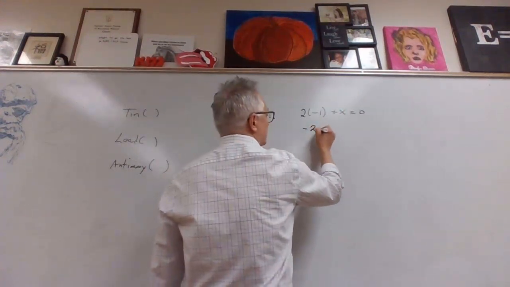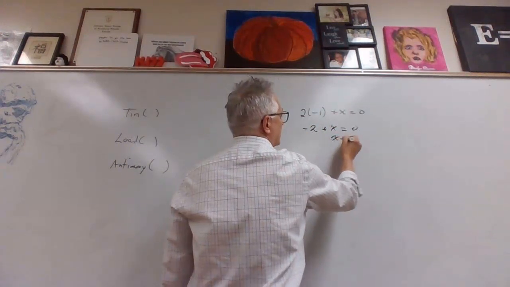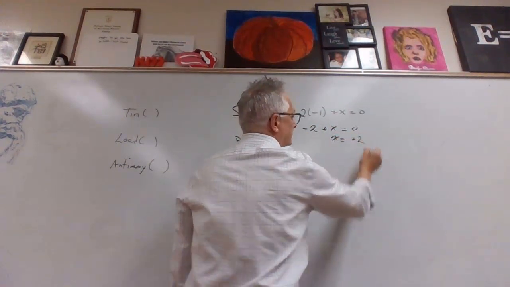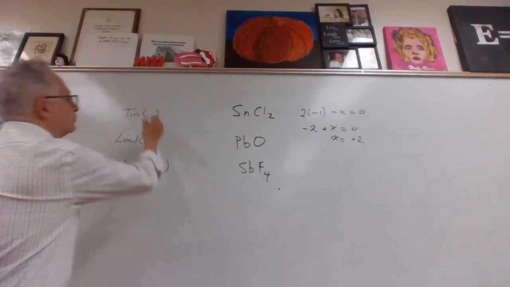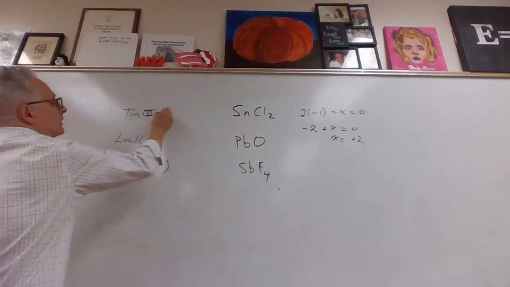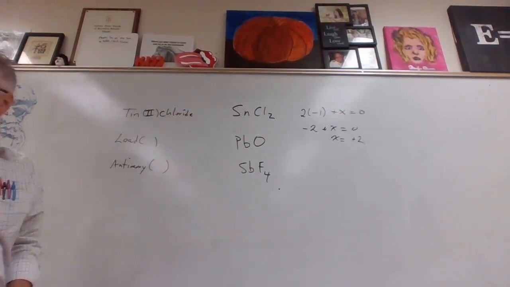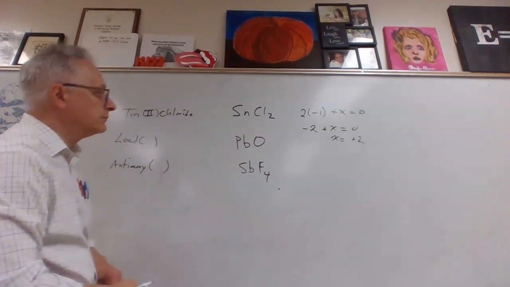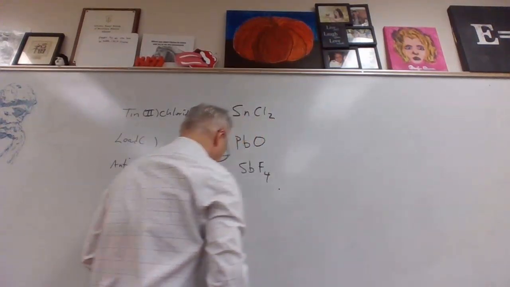Well, this is -2 plus x equals 0. So x is going to be equal to +2. That's how you would do it. And then you could just put tin 2 chloride. That's another way you can do it, or you can just think about it in your head. Whatever works for you. I don't care.